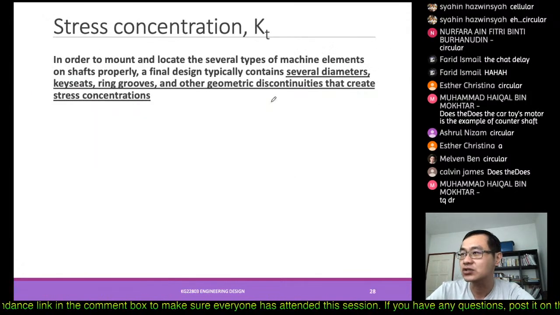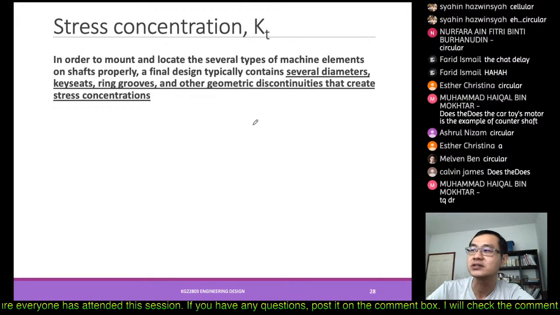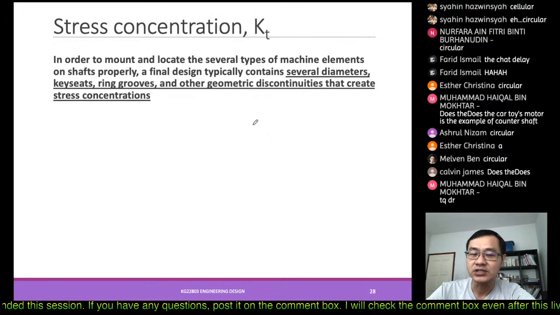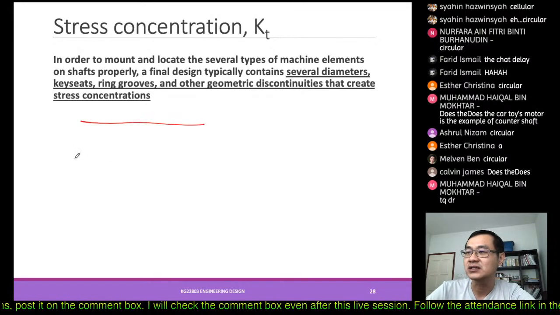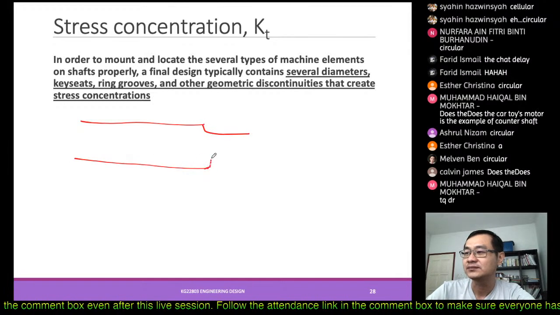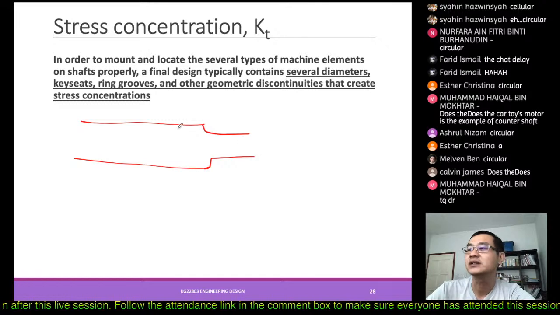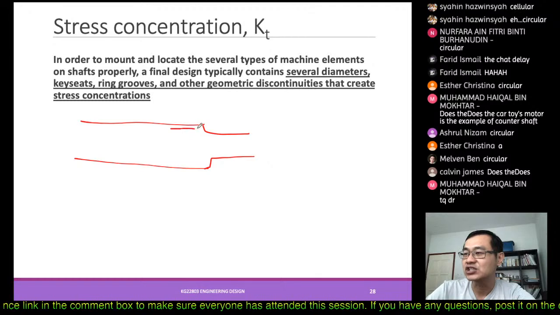Now we go into stress concentrations. What is stress concentration? Stress concentration is what happens in a shaft or a dimension whenever there is a change of geometry, so the stress is squeezed in.